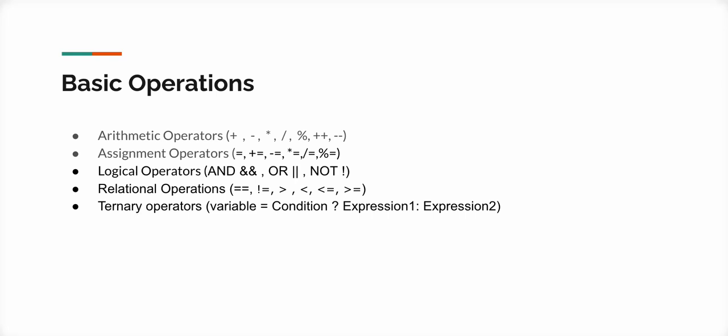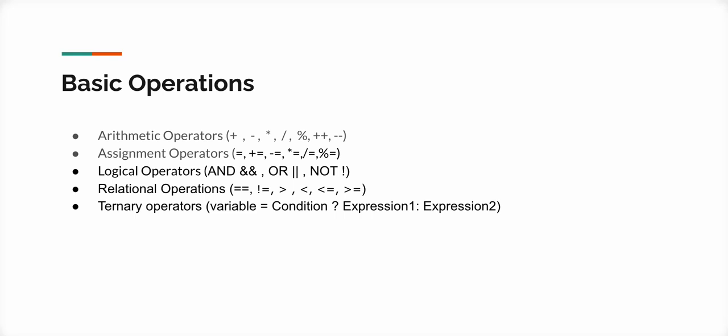So the next one is relational operators. The relational operators are used to compare two values or expressions. When you have two equal signs and you say A equals equals B, in essence you are saying the value of A equals the value of B. If A is true and B is false, then the result will be false.